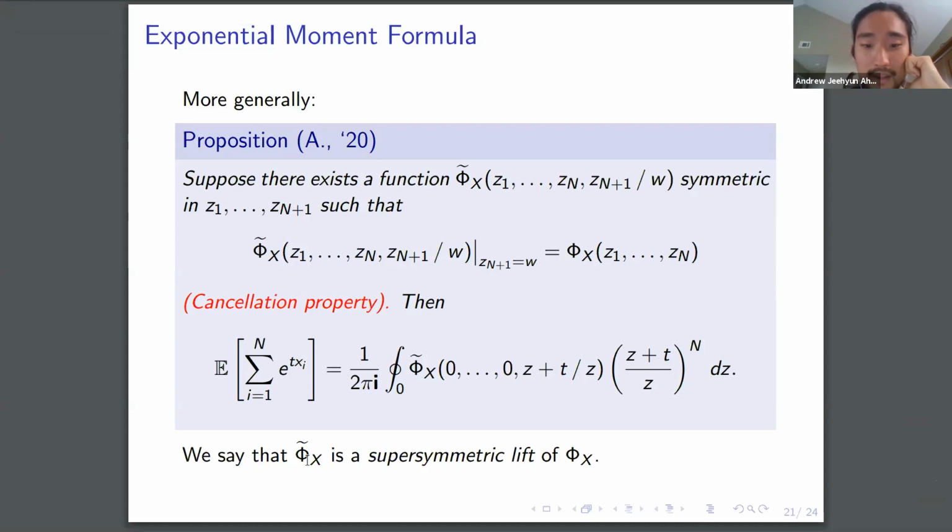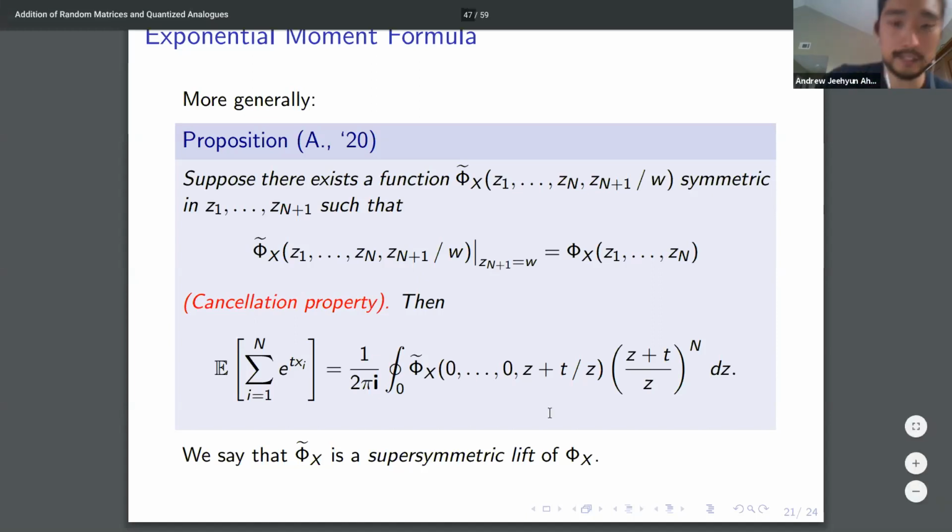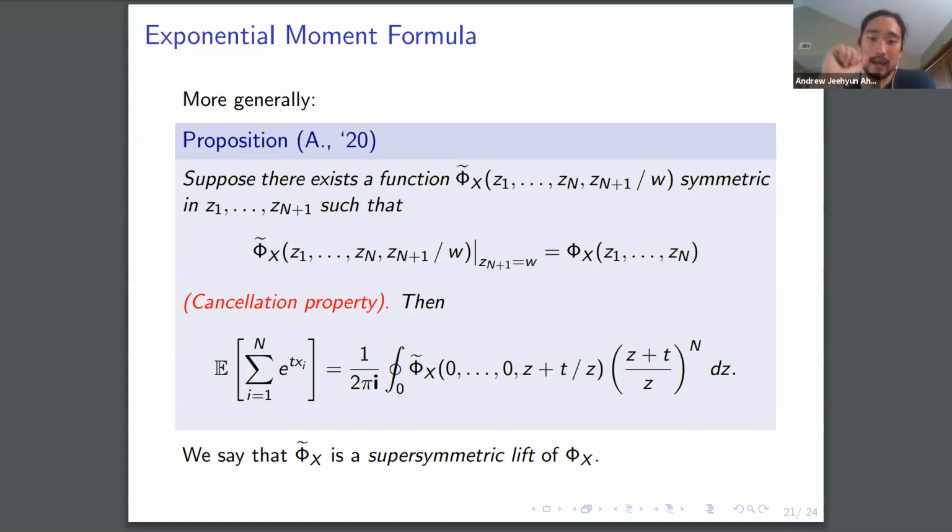So this phi tilde is what we call a supersymmetric lift of phi, and there's definitely not enough time for me to explain why it's called that. But this is sort of the entryway into these results about the additive random matrix models. So are there any questions at this point about the statements or anything else?